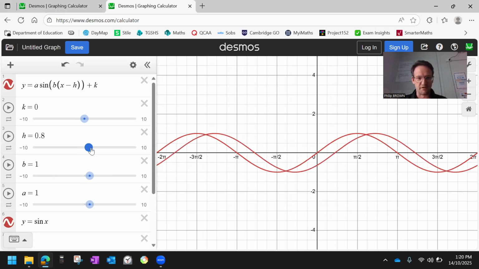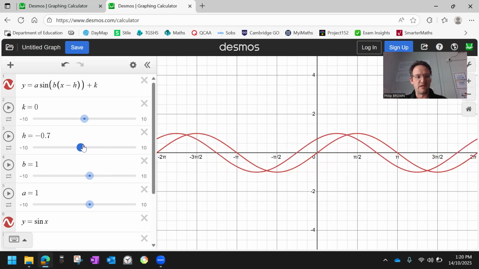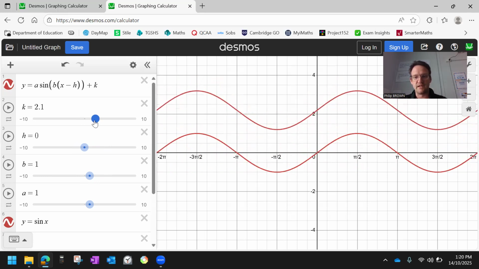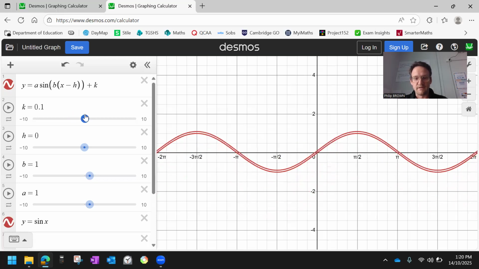This is your horizontal translation. This is moving it left and right. And then this value k at the end is your vertical translation. This is moving it up and down. So there are some basic reminders about transformations of different types of functions that we learned in Year 11.